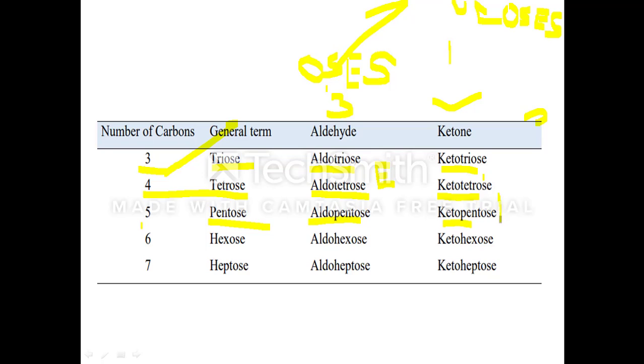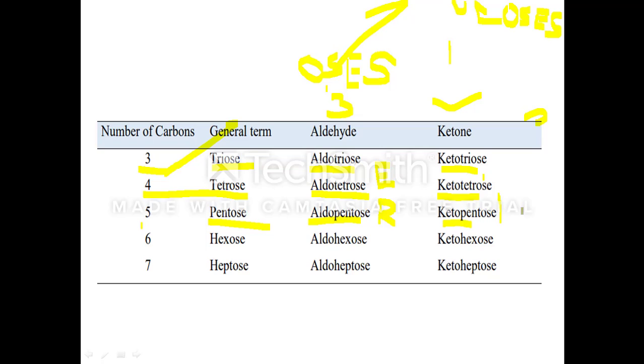Ribose is an important monosaccharide that plays an important role in the formation of nucleic acids. Ribose has 5 carbons in its skeleton and aldehyde as the functional group. Similarly, if the 5 carbon monosaccharide has the ketone as the functional group, it is called ribulose.